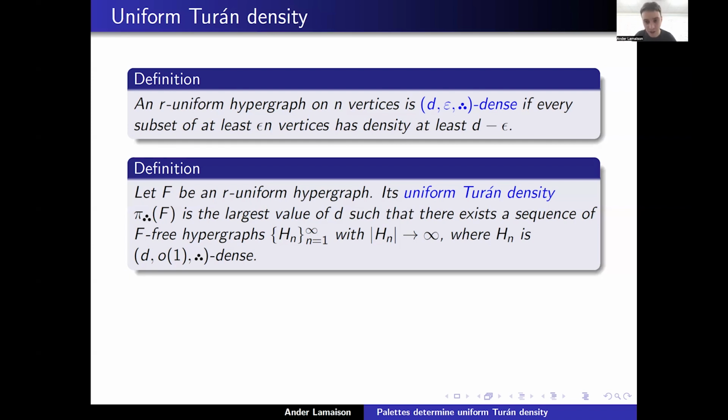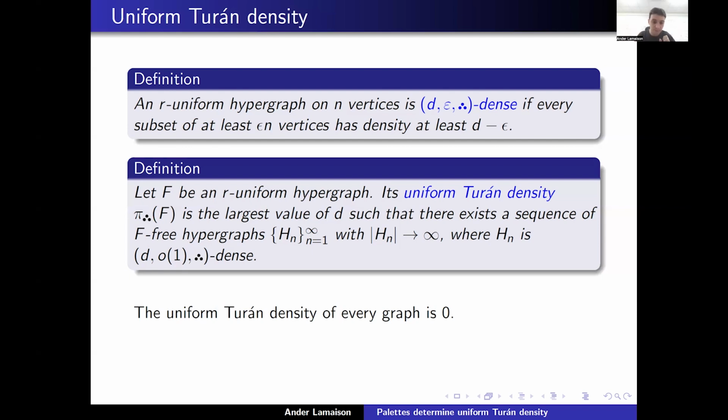Well, for graphs, it is known for every graph, and in fact it's always 0. It's true that if every linear sized subset of your vertices has positive density, then you do contain arbitrarily large cliques. It's an easy consequence of the regularity lemma.